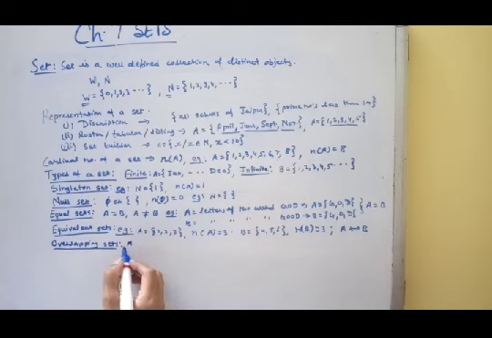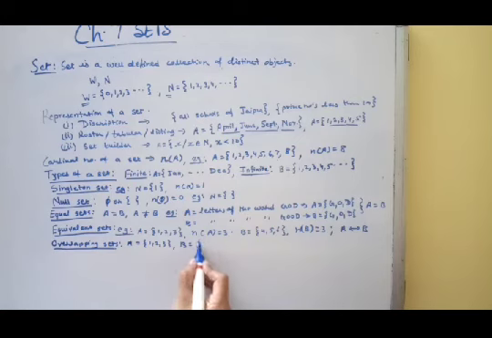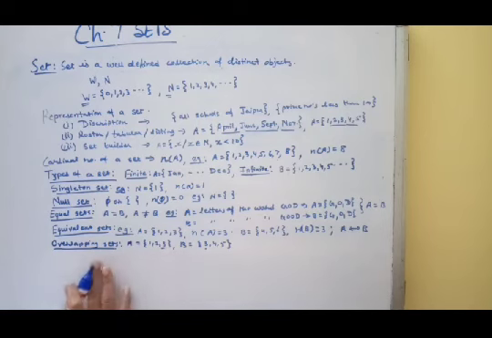For example, set A has elements 1, 2 and 3. Set B has elements 3, 4 and 5. So in both the sets 3 is common. So these two sets are called overlapping sets.